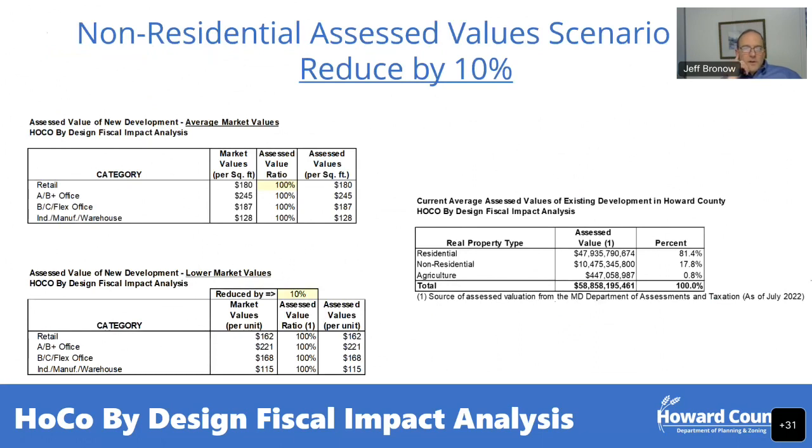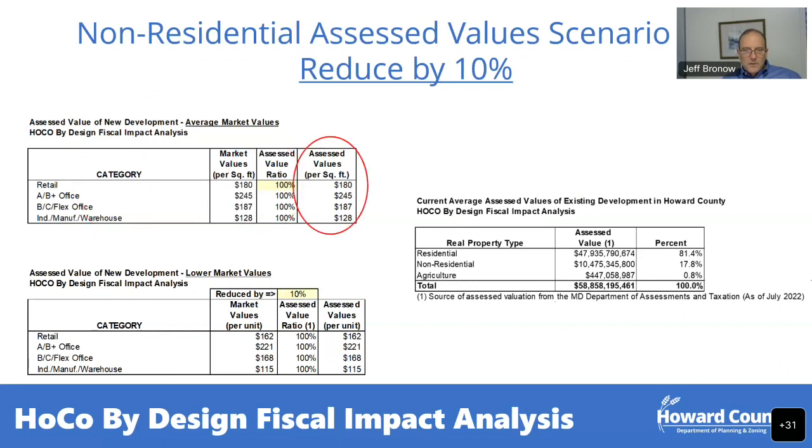So the next one, the fourth one, is we decided to reduce non-residential assessed valuations by 10%. This came from comments from several people asking what's the future of office space given the remote work possibility moving forward. If you do a 10% reduction, we could have done 20%, but we just chose 10% to look at the magnitude of difference.